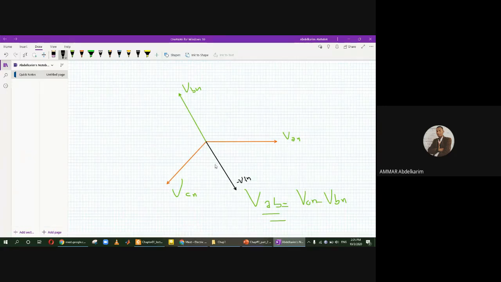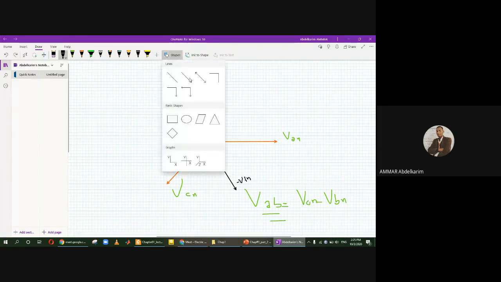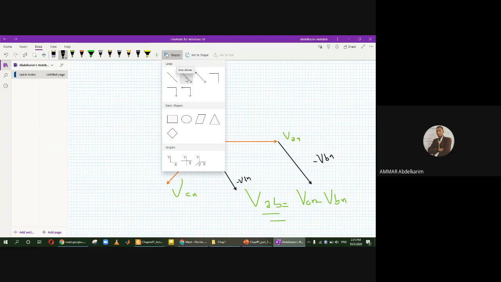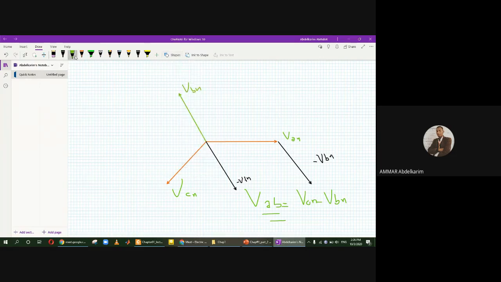Then we can draw the summation of VAN with minus VBN. We move minus VBN here, it's the same. So this is minus VBN also. Then we draw the summation starting from the beginning of the first one to the end of the second one.